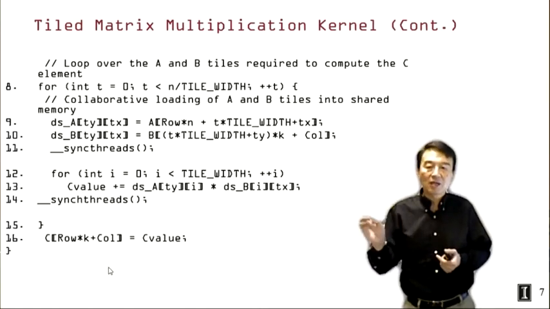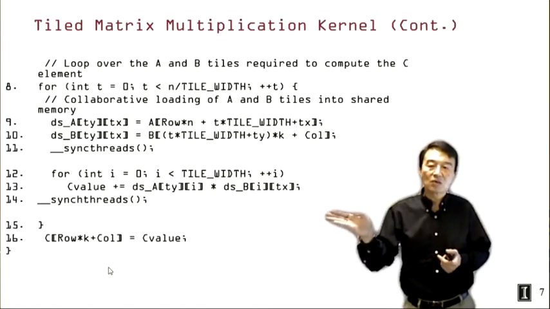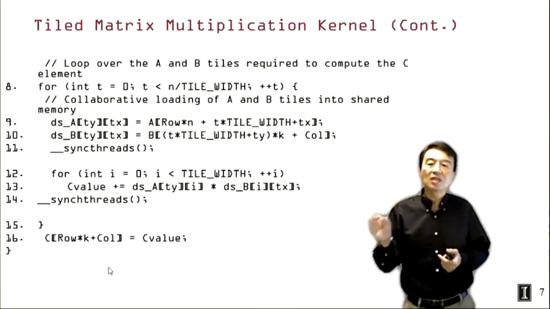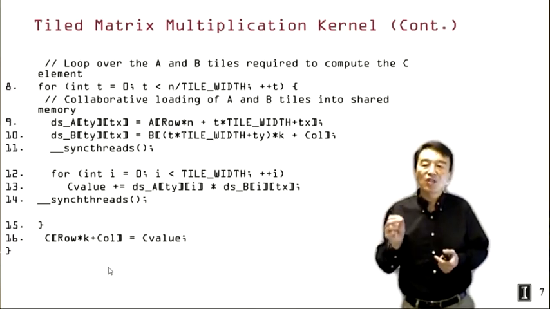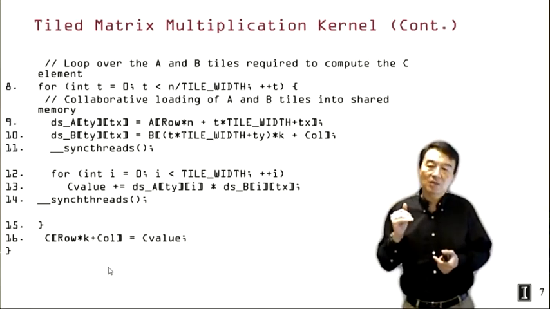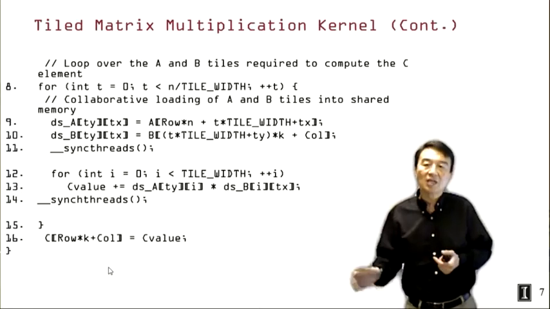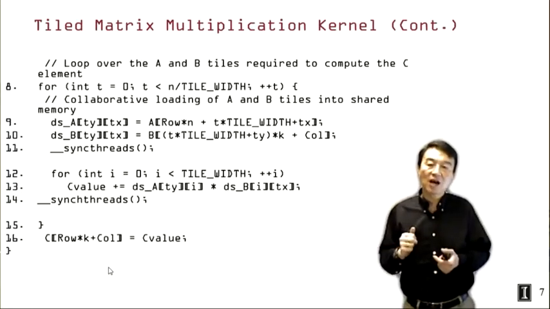So when all the threads have reached the synchronization point, that means that everyone who needs to use any element in the shared memory tiles has completed their work. So this is the signal that we can begin to overwrite the contents of the tiles in the shared memory.